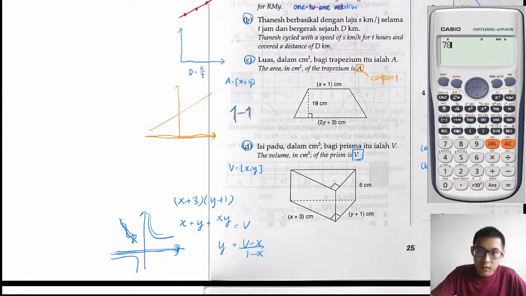Minus x, 1 minus x. x cannot be 1, because if not, it's infinite. And x cannot be a negative value, y also cannot be a negative value.